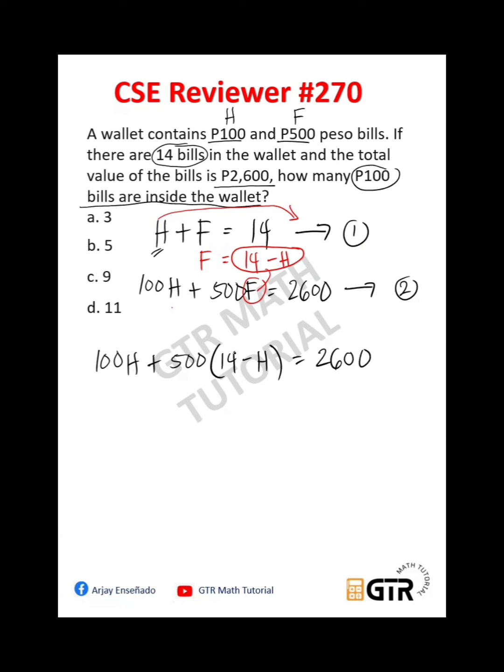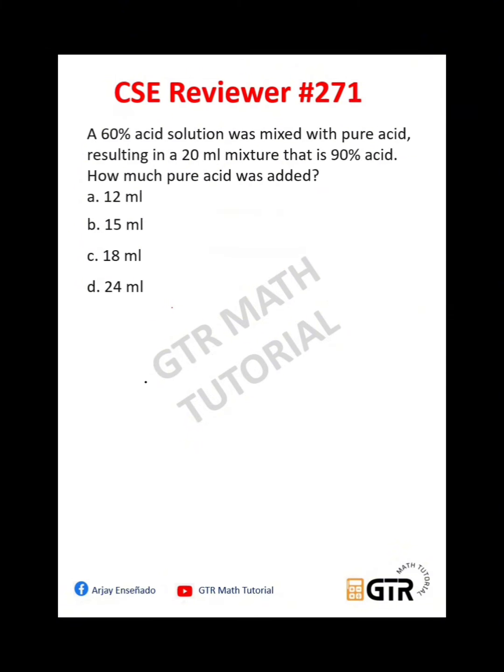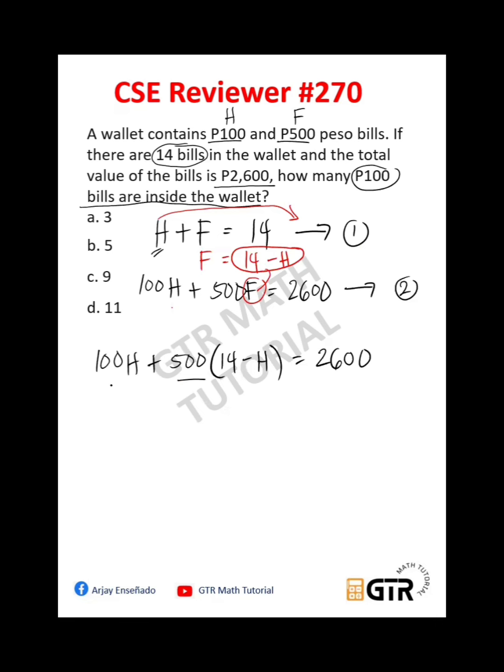As you can see in our equation, they all have two zeros: 100, 500, and then 2,600. We can divide all by 100 or simply cancel the two zeros. So we are left with 1H, or simply H, plus, we now have 5 here.